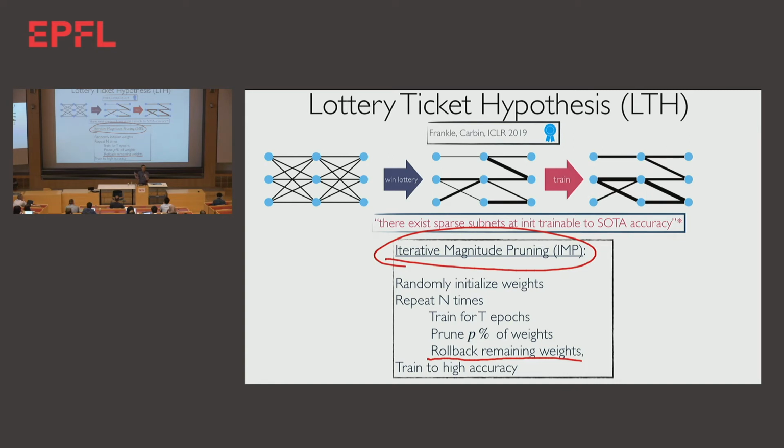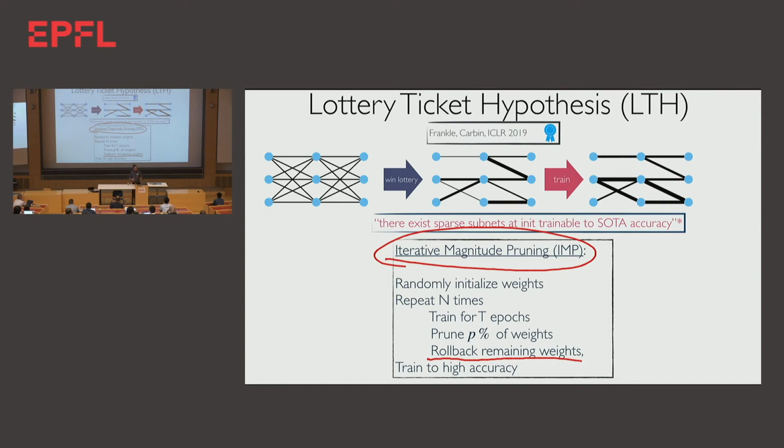You sparsify by just keeping the highest magnitude elements. Whatever you throw away is never part of the game anymore, but whatever survives is rolled back to the initial values. Once you do this and you get a model at some point that's, let's say, 1% sparse, you take that and you train it to full accuracy, and you see how that performs in comparison to a randomly sampled subnetwork.